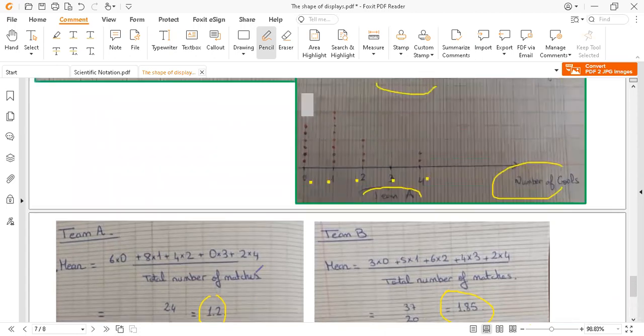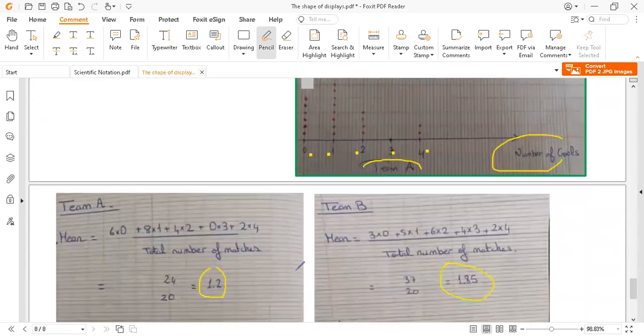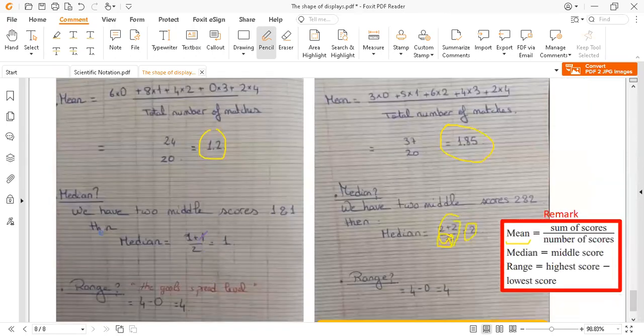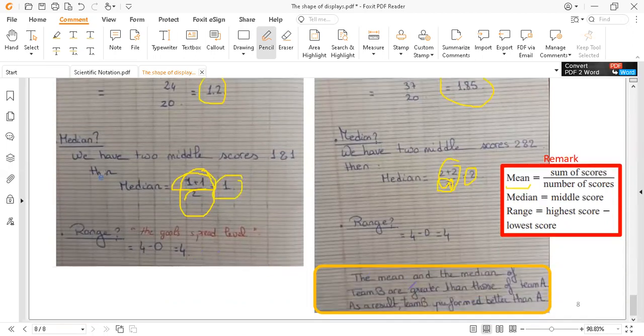The same for Team A: we do the same to obtain two middle scores, and finally we calculate the average, dividing the sum of these two values by 2 to obtain 1. So the mean and the median of Team B are greater than those of Team A. As a result, we can say that Team B performed better than Team A.